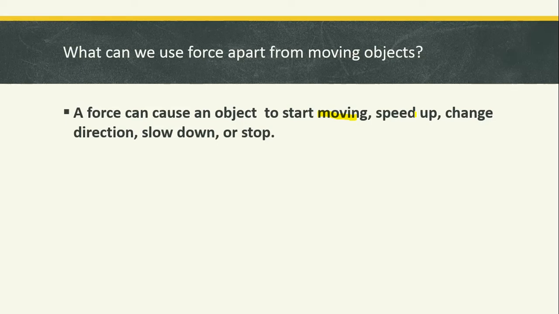It can cause objects to speed up. You start moving them from their places, you can speed them up, you can change the direction, you can slow down or stop. Now can you guess, this is related to something we already took in the last lesson.